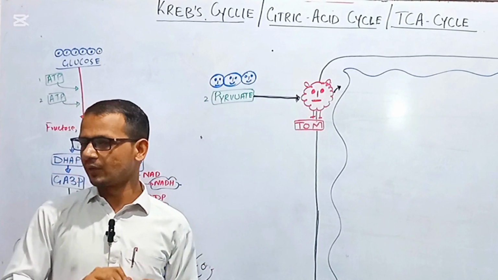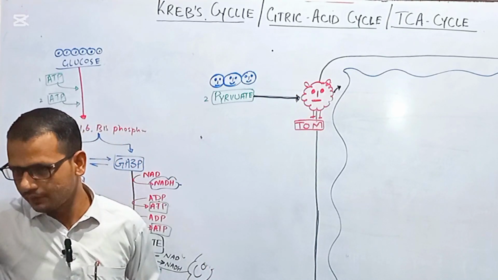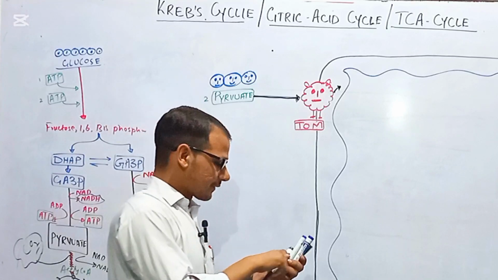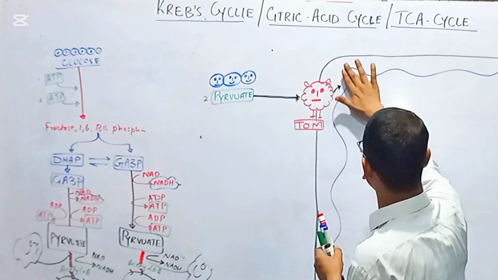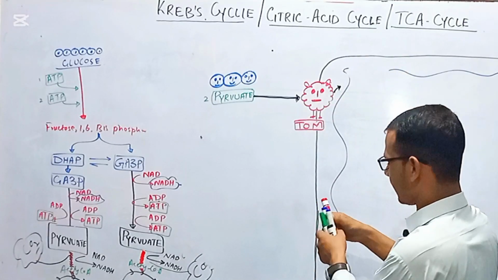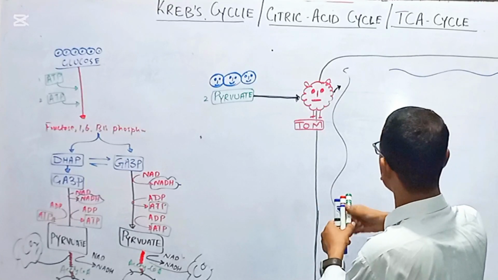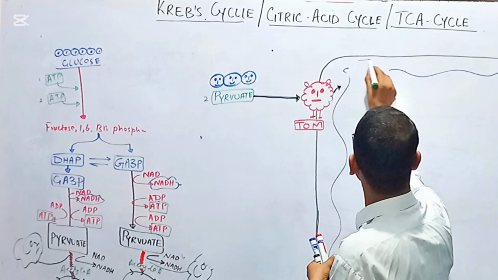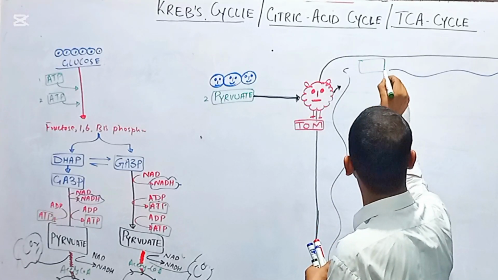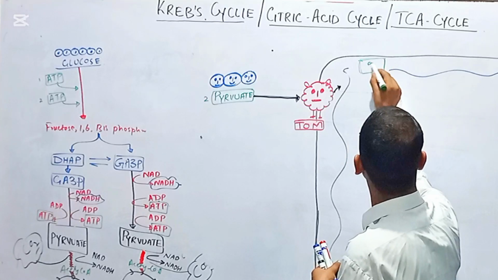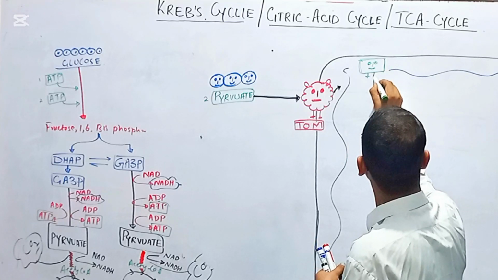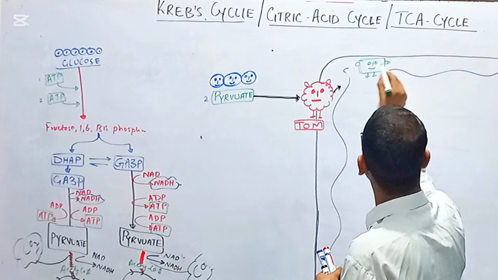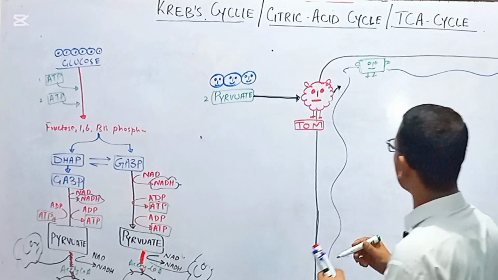right? Remember, pyruvate is a 3 carbon compound, right? From here, this pyruvate will be taken by the Tim protein. Here, for example, this is the Tim protein.